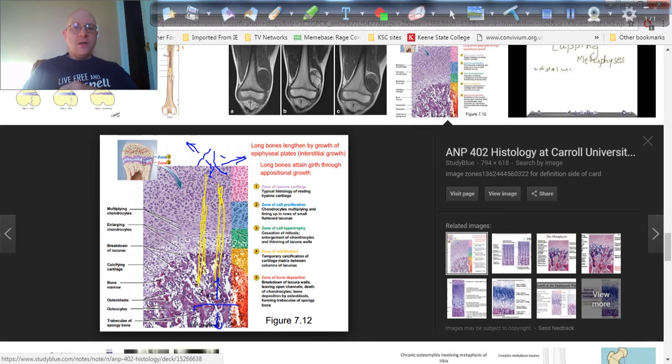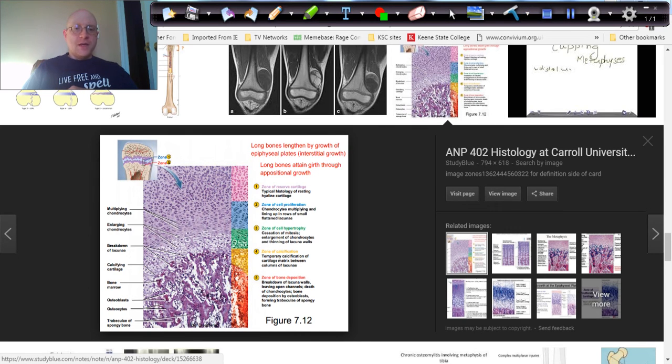Okay? There'll be no more multiplication of cells happening in either the zone of reserve cartilage or the zone of cell proliferation. But the cells that remain will still go through hypertrophy, followed by calcification of the matrix around them, followed by the bone deposition. The remaining chondrocytes die, the osteogenic cells invade the remaining space, and then they go from forming spongy bone to compact bone in quick order.